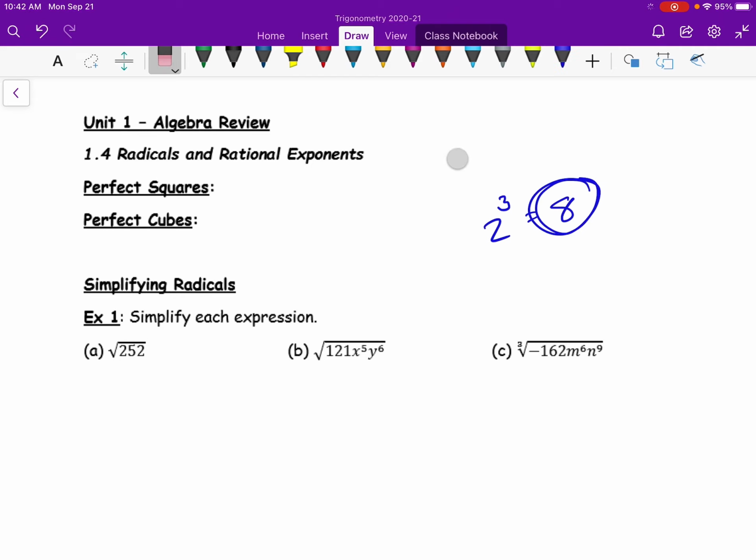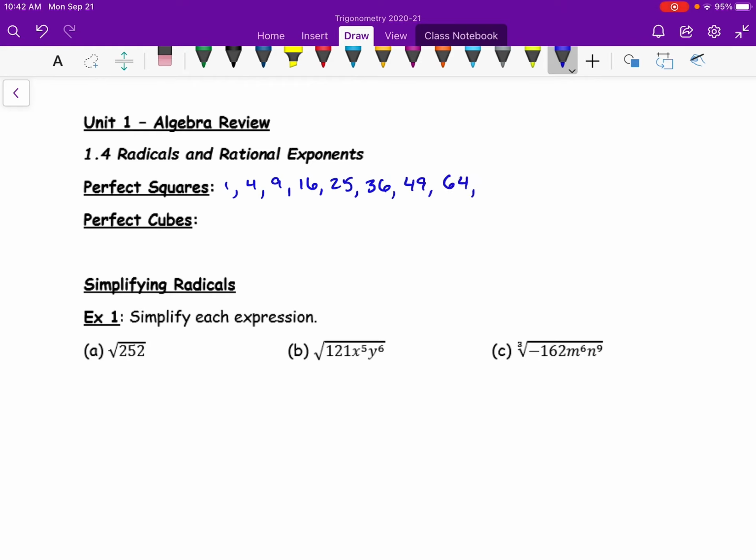Okay, so what I'm going to do is I'm going to list these first, perfect squares and perfect cubes. So 1 squared is 1, 2 squared is 4, 3 is 9, 4 is 16, 5 is 25, 36 for 6, 7 is 49, 8 is 64, 9 is 81, 10 is 100, 11 is 121, 12 is 144, 13 is 169. 13 and 14 are similar.